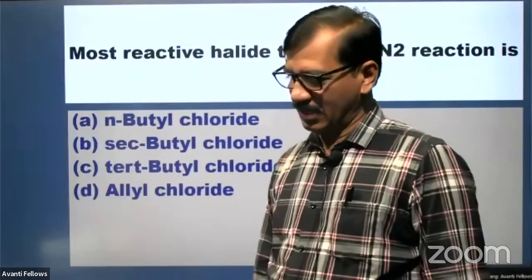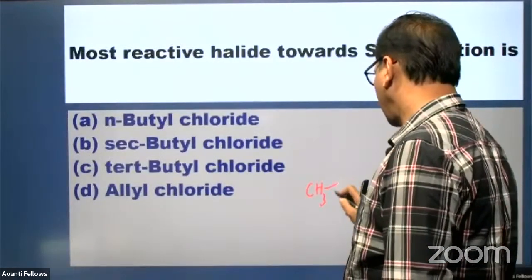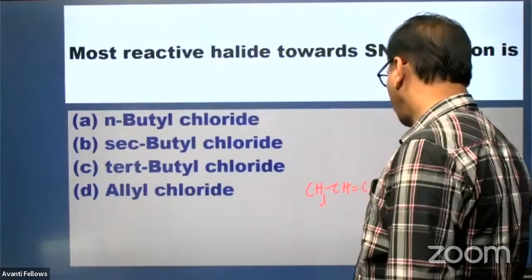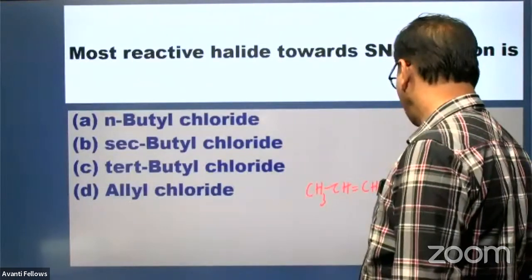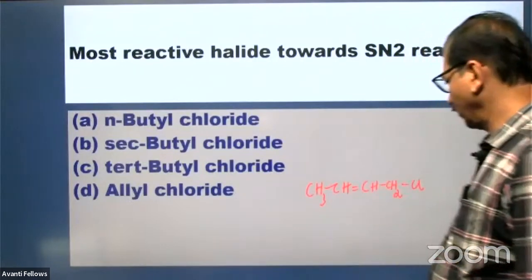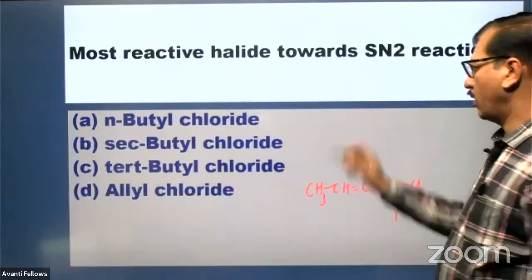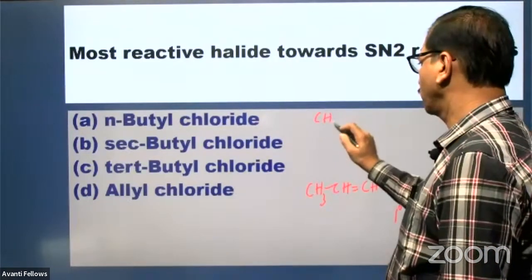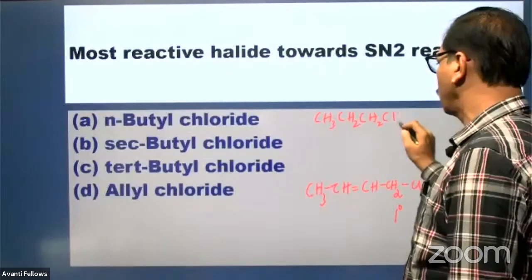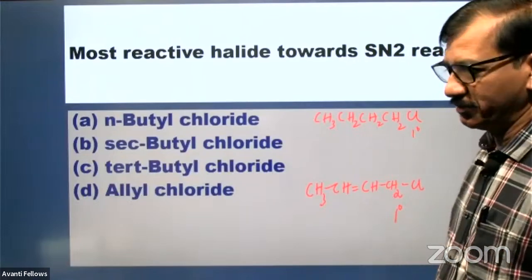Allyl chloride is something like this: CH2=CH-CH2Cl. This is also primary. N-butyl chloride, CH3CH2CH2CH2Cl. This is also primary. I think you need to think.